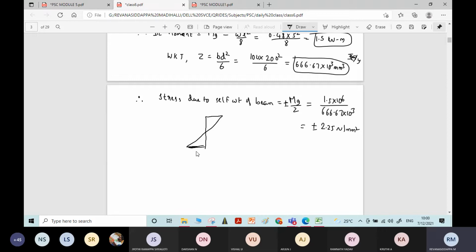Here it will be tensile stresses, negative sign, compressive stresses, positive sign, plus 2.25, minus 2.25.